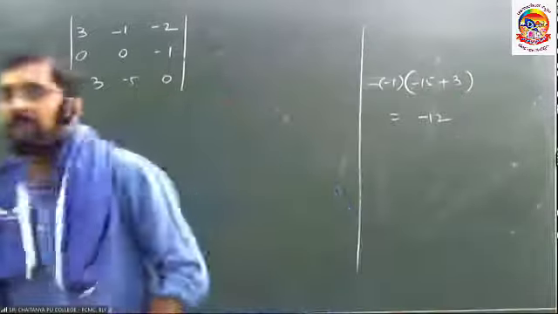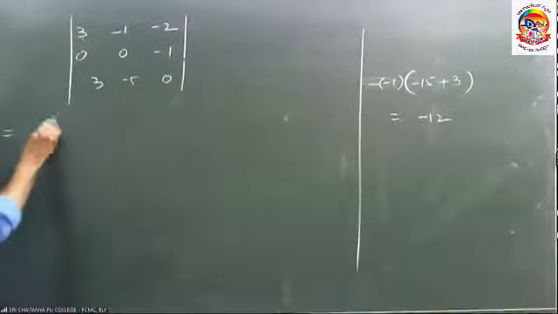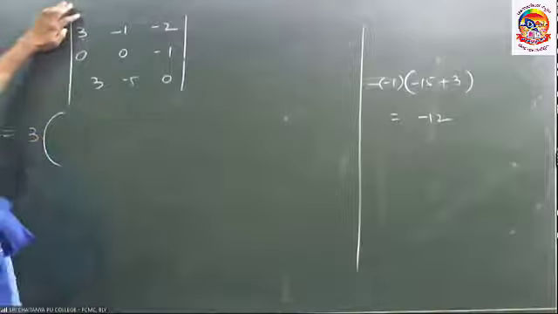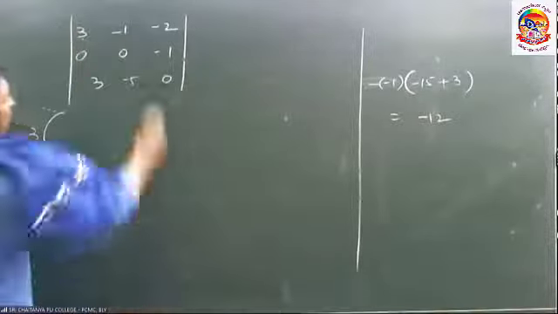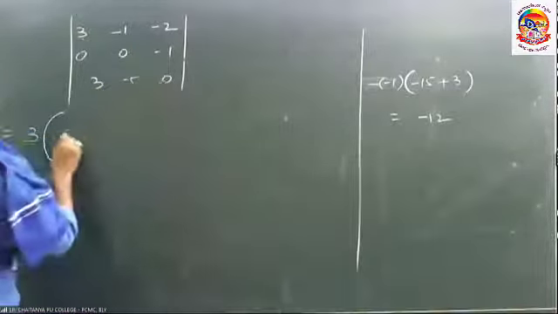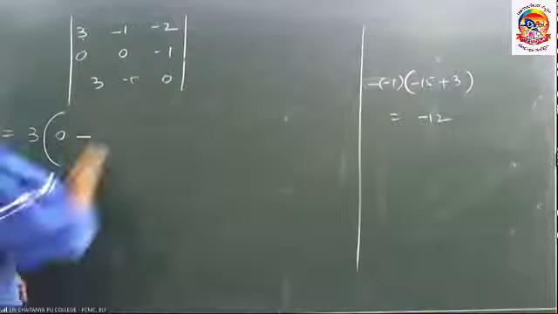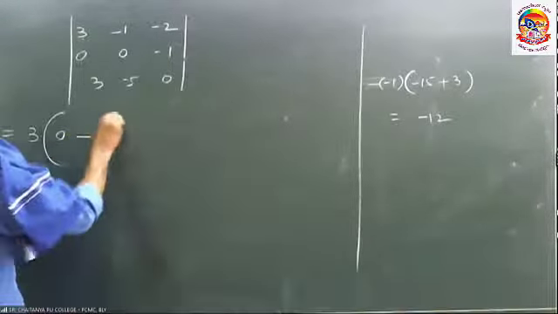Let us see this. Observe. 3 into, exclude this column and this row. For these 4 elements, find out the determinant. 0 minus of 5 into 1, minus into minus is positive, it is 5.